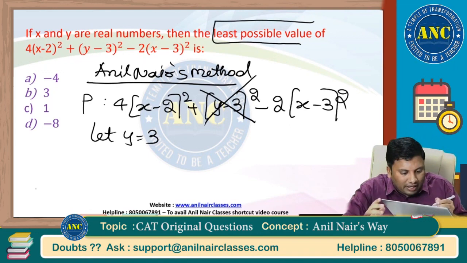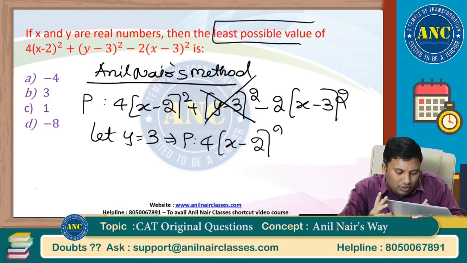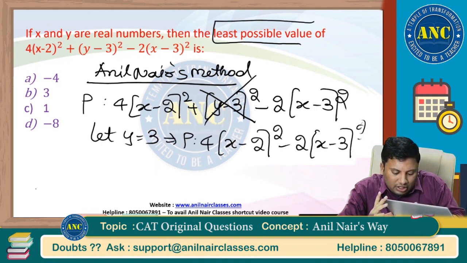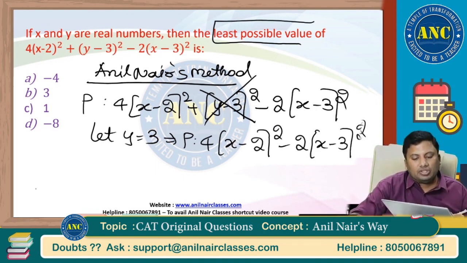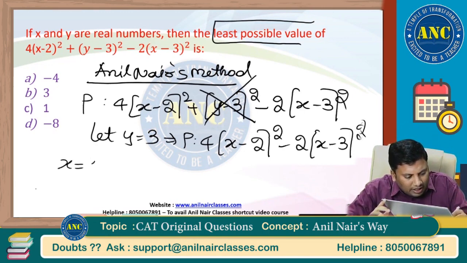If I take y equal to 3, p becomes 4 into (x minus 2) whole square minus 2 into (x minus 3) whole square. Let me take x equal to 2.